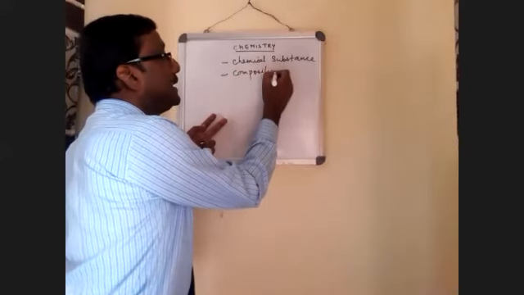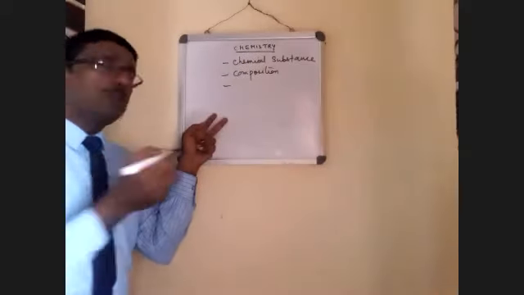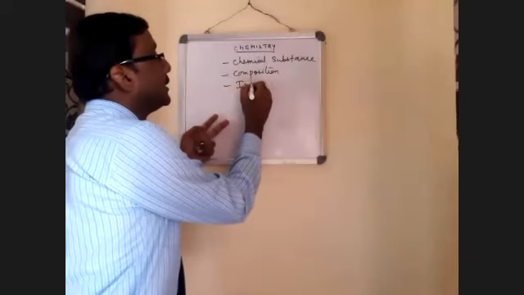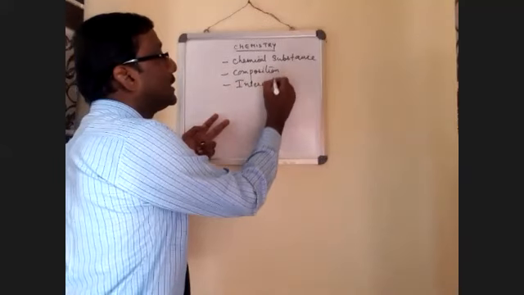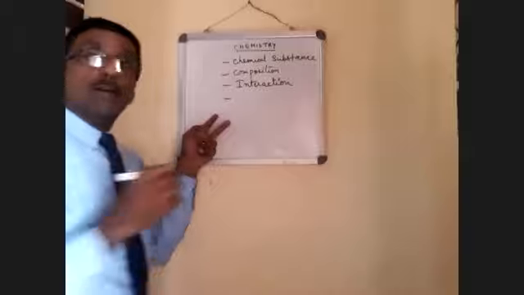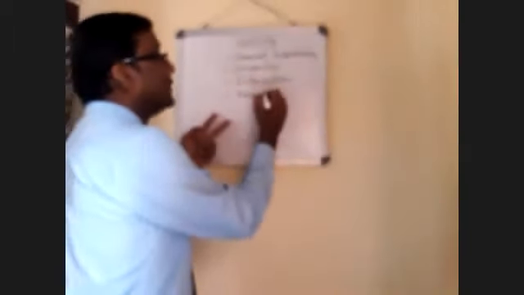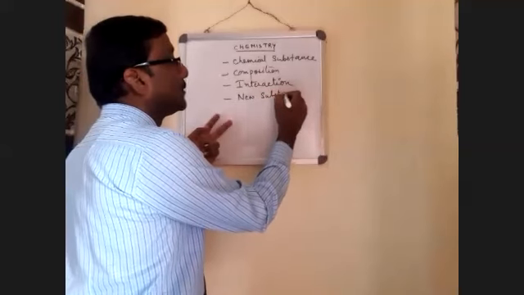We should know the basic composition of these chemical substances. We should know their interaction: how do they interact with other substances, and what is the outcome of the interaction, that is, what type of new substance is formed.